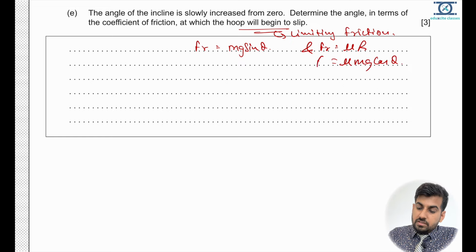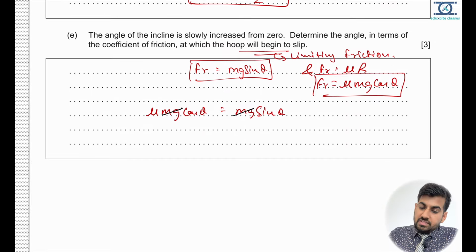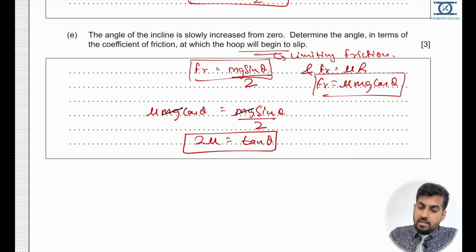Now using this friction and this equation, I can say nu mg cos theta is equal to mg sin theta. Now mg and mg get cancelled, and friction is mg sin theta by 2. So you will get 2 nu equals tan theta, since sin over cos is tan.